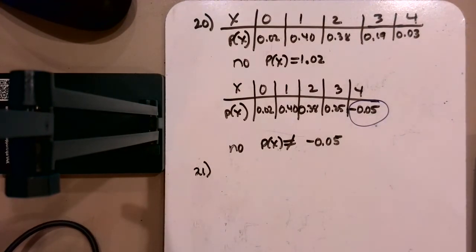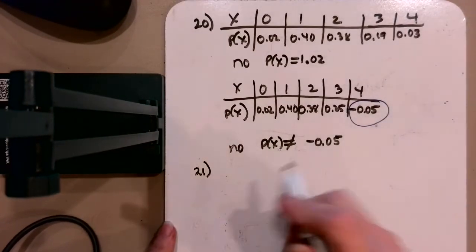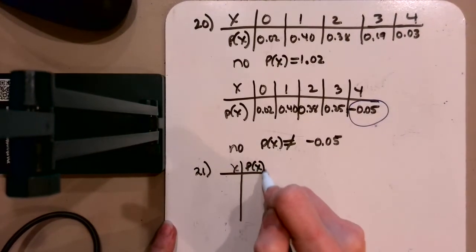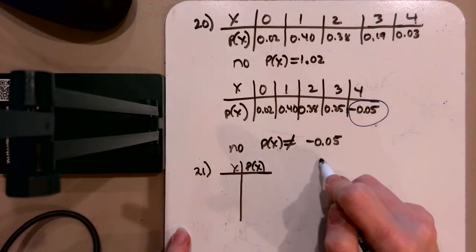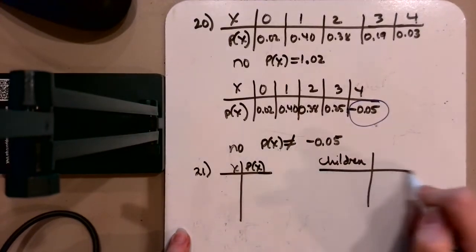Question 21 says, construct a discrete probability distribution. I really wanted you all to graph it, so I'm going to show you the graph, even though I didn't ask you that, but I could not figure out how to do that. So let me start with the original one. We had children and households.